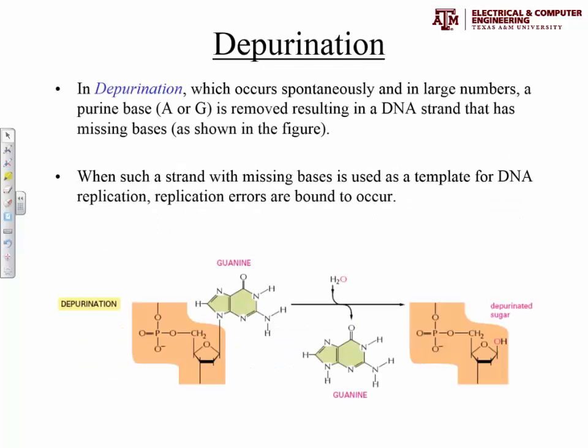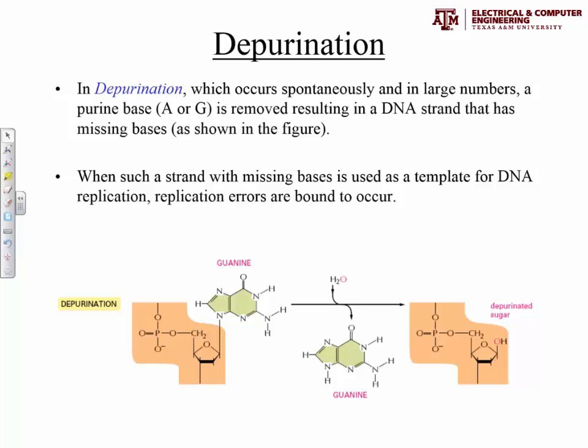In depurination, what happens is that you have A and G are purines, okay? So that you have a guanine here connected to the 5-carbon sugar, deoxyribose, and then phosphate. In depurination, for some reason, this thing just left, okay? So it's like a person that has got missing teeth, okay? So now, once this is left, if this strand is used as a template for DNA synthesis, mistakes are going to invariably occur because there's nothing in there, right?